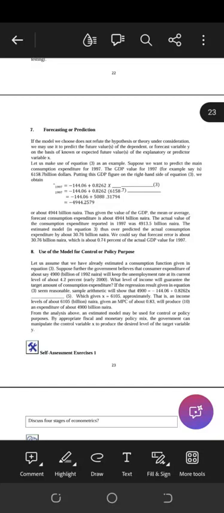The target is that this is the value that we want for consumption. So what amount of income can we work towards that will give us this value for consumption expenditure exactly? We don't want the 4.2 unemployment rate to go higher, and we would even like it to be lower.